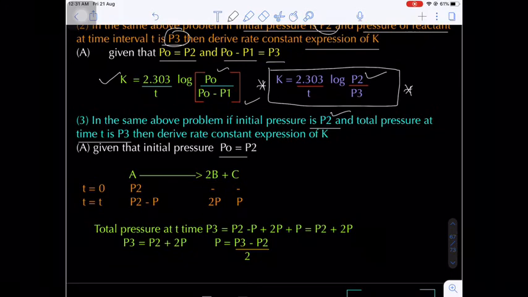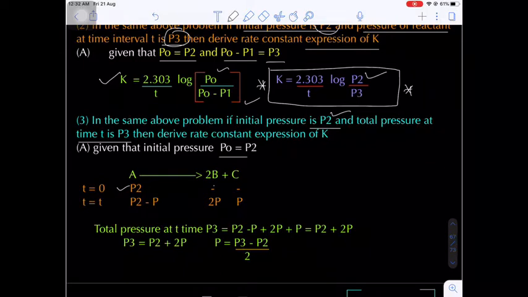So I am starting with initial pressure P2 of reactant A. What is the pressure of B and C? 0, 0. At a certain time interval T, let's suppose P ATM will be decomposed. The left partial pressure of reactant is P2 minus P, and the products will be 2P and P because the stoichiometry is 2:1. What will be the total pressure at time interval T?